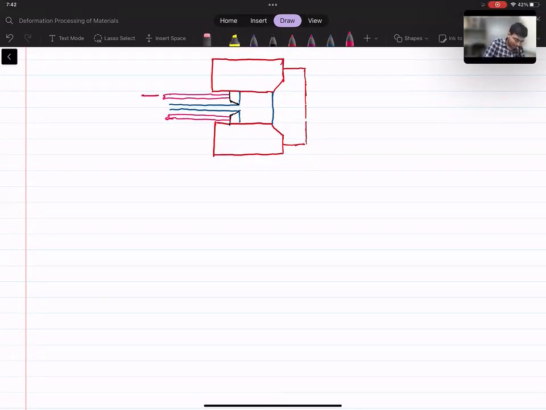So these rams will be pressed and ultimately the dies here, they will cause the material to flow through this orifice.